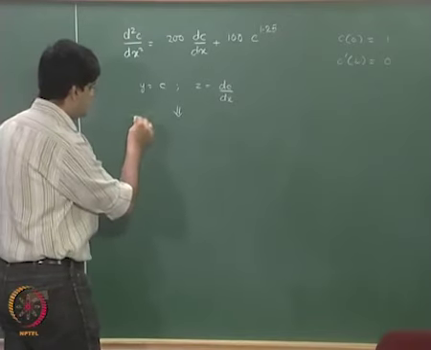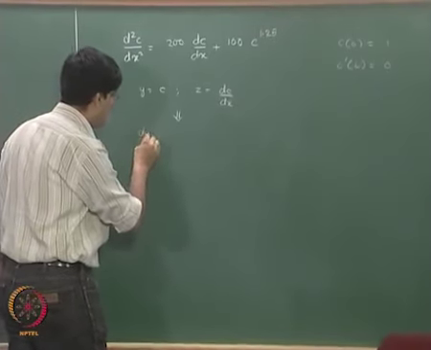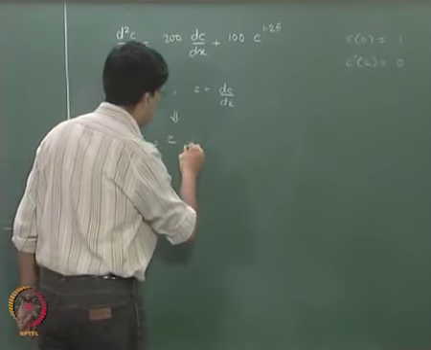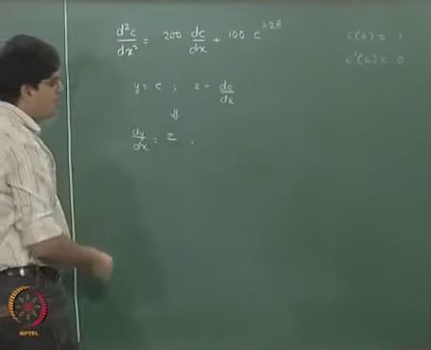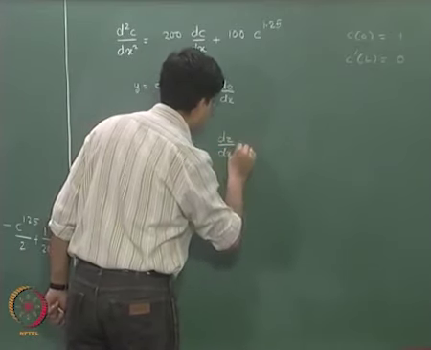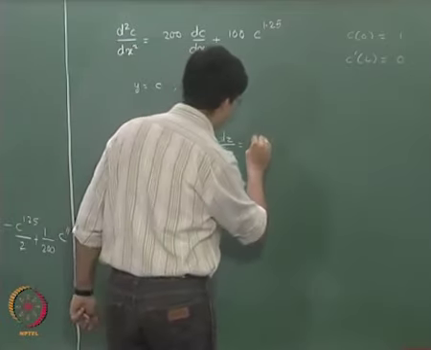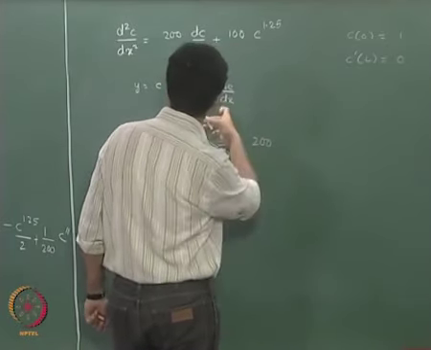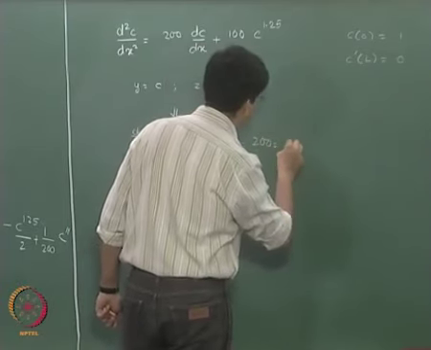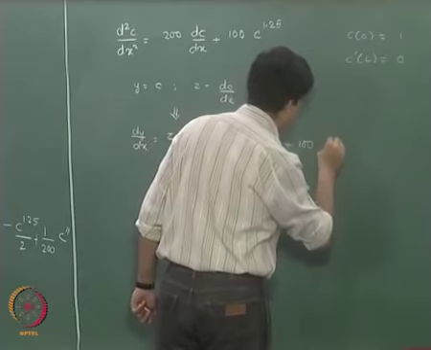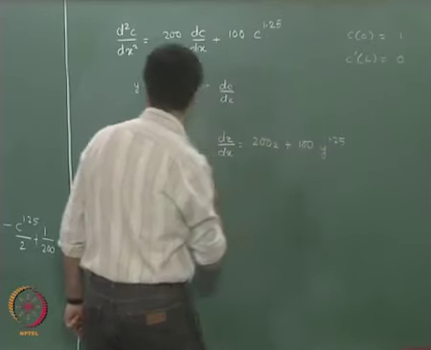The first ODE is going to be dy by dx is going to be equal to z, and the second ODE is obtained from over here, and that is going to be dz by dx is going to be equal to 200 times dc by dx, which is z, 200 z plus 100 multiplied by y to the power 1.25, okay.